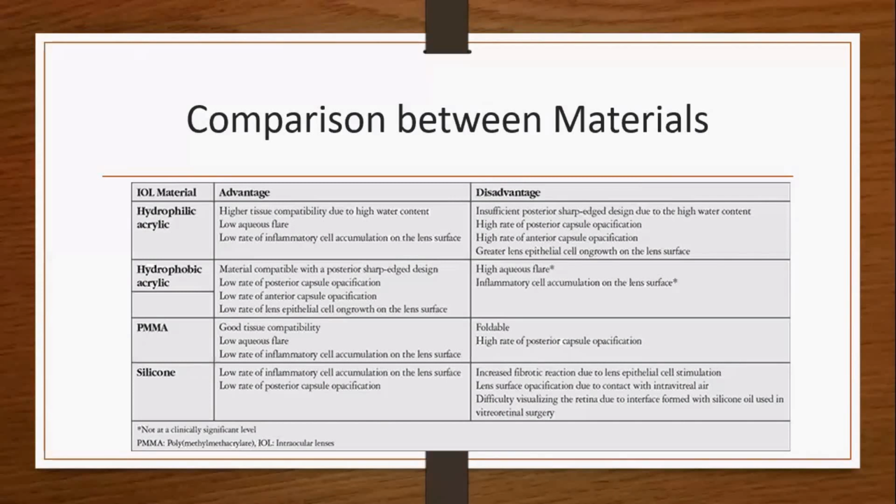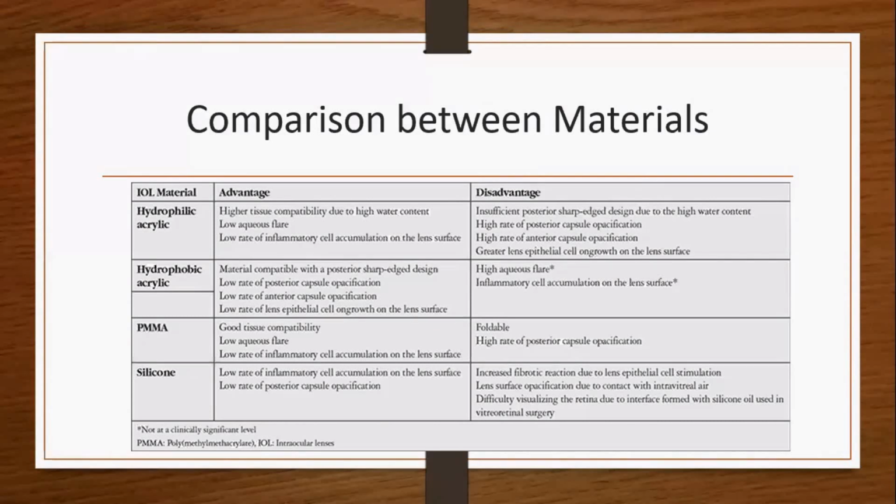But in the case of hydrophilic and hydrophobic, nowadays many doctors are using hydrophobic material since the PCO rate is very low. In hydrophilic, even though the lens is very soft and foldable, the PCO rate, the epithelial cell migration, will be more than in hydrophobic.